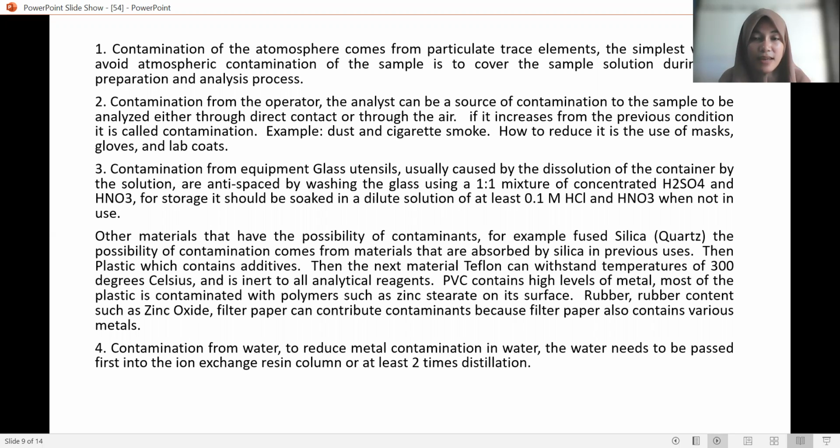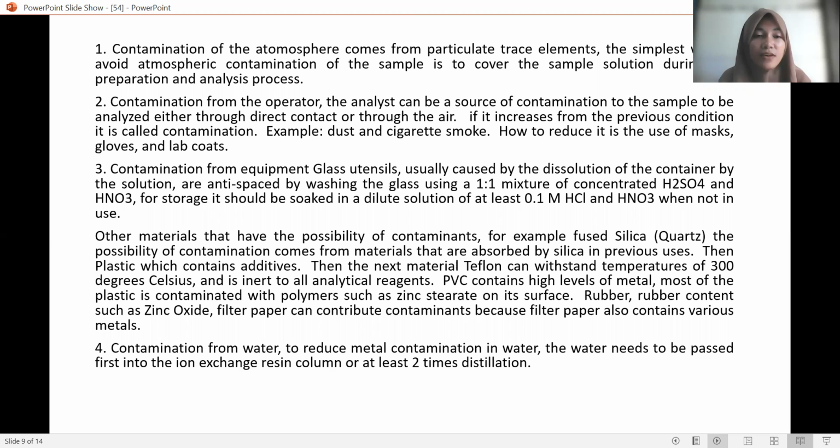PVC contains high levels of metal. Most plastic is contaminated with polymers such as zinc stearate on its surface. Rubber contains zinc oxide. Filter paper can contribute contaminants because filter paper also contains various metals.